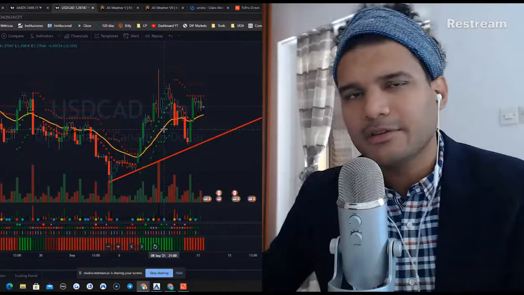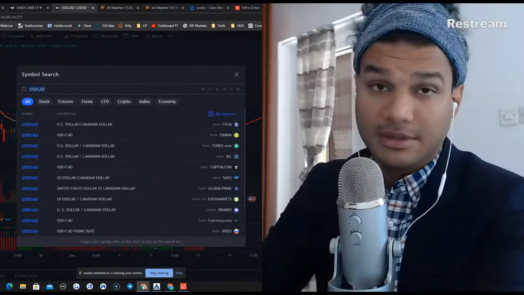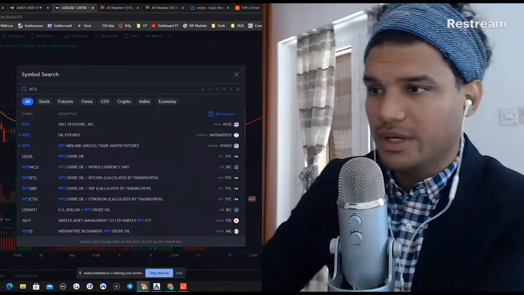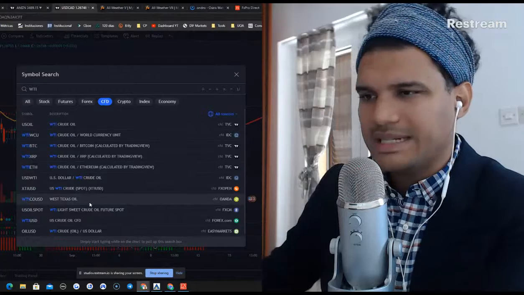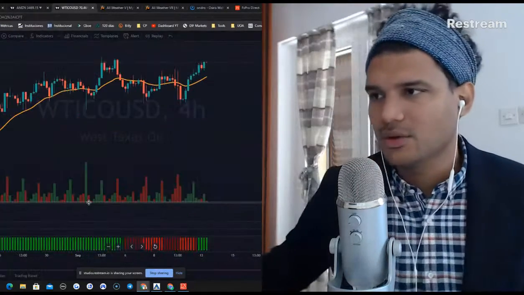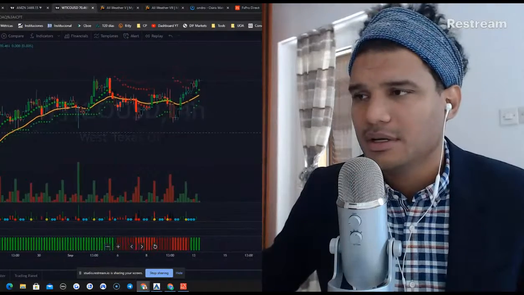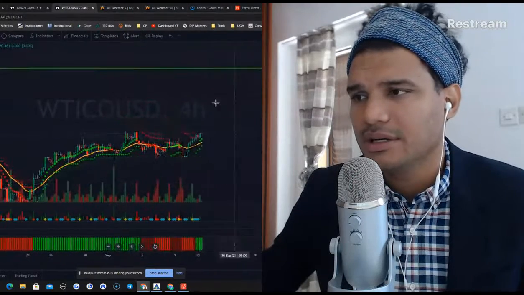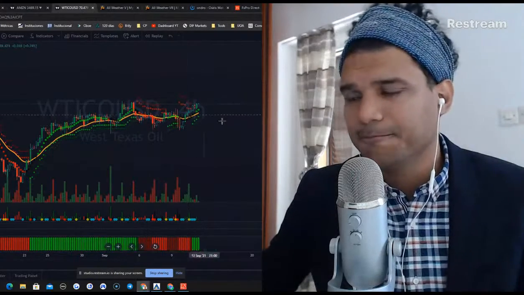If we're talking about the dollar versus the Canadian dollar, at the same time we need to talk about oil. So I'm going to go with the CFDs on West Texas Oil, and this is what has my attention. In the short term, West Texas Oil is trading above the orange line.